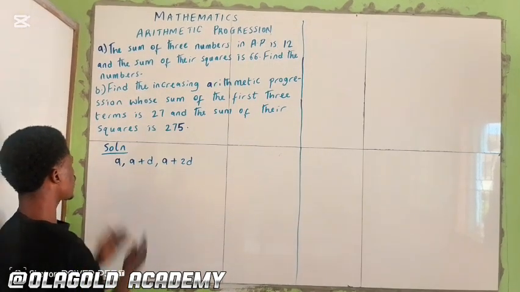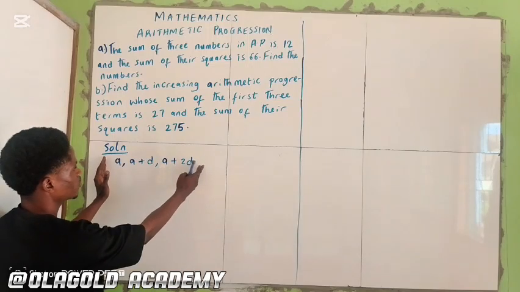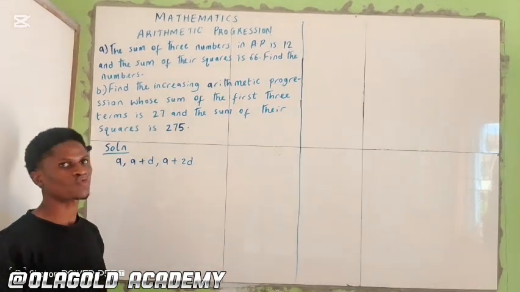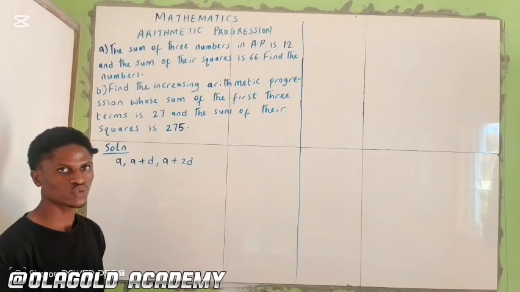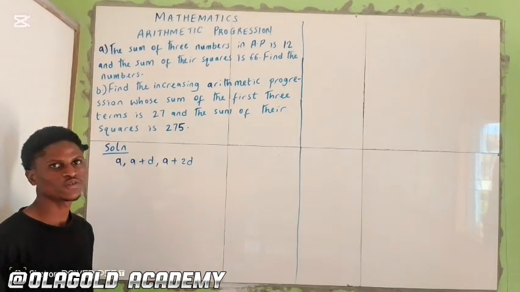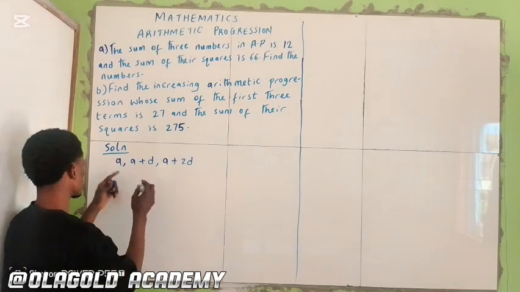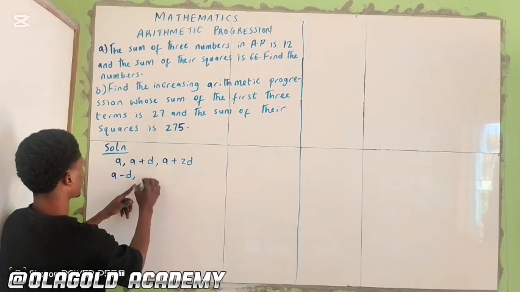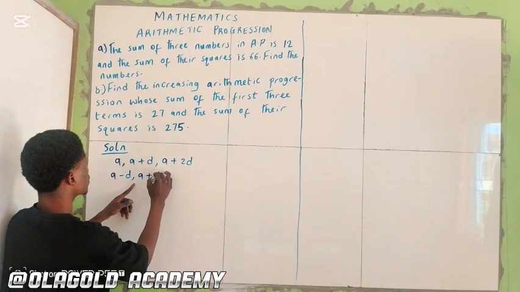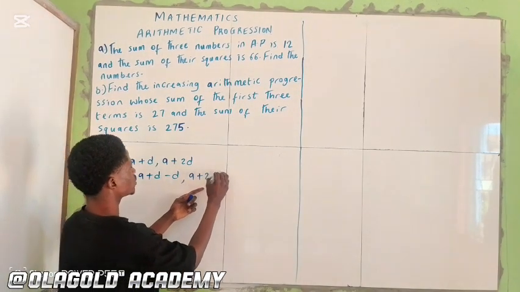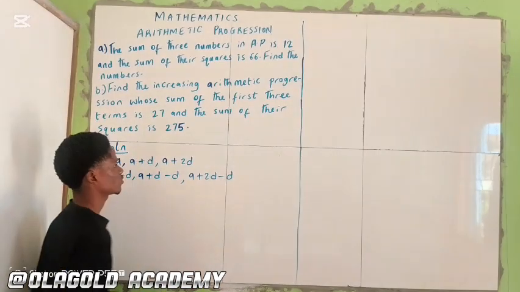Now, if we make use of these variables like this, there won't be any possibility of elimination. So what do we do? We subtract D from each consecutive term. So we're going to have A minus D, comma, A plus D minus D, comma, A plus 2D minus D.